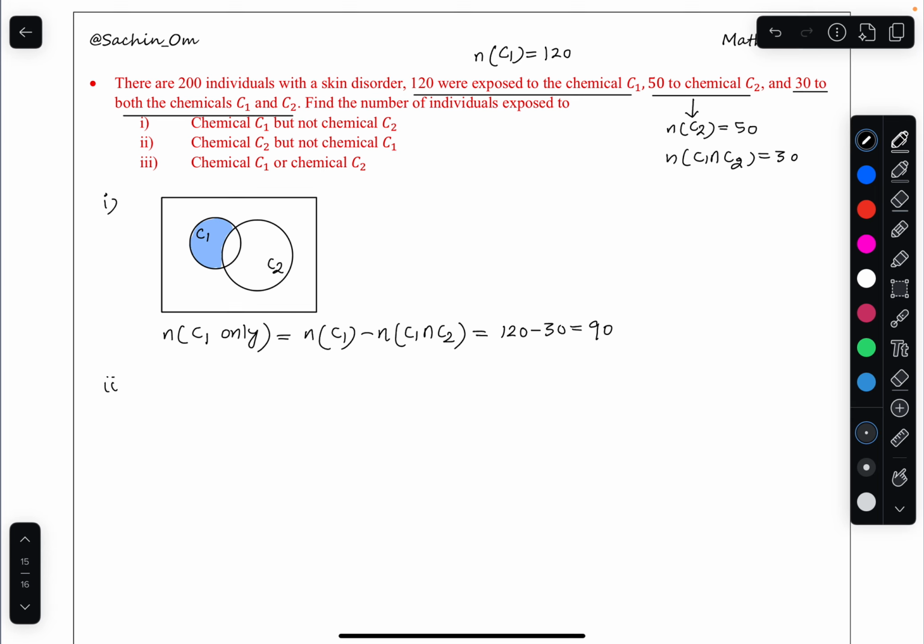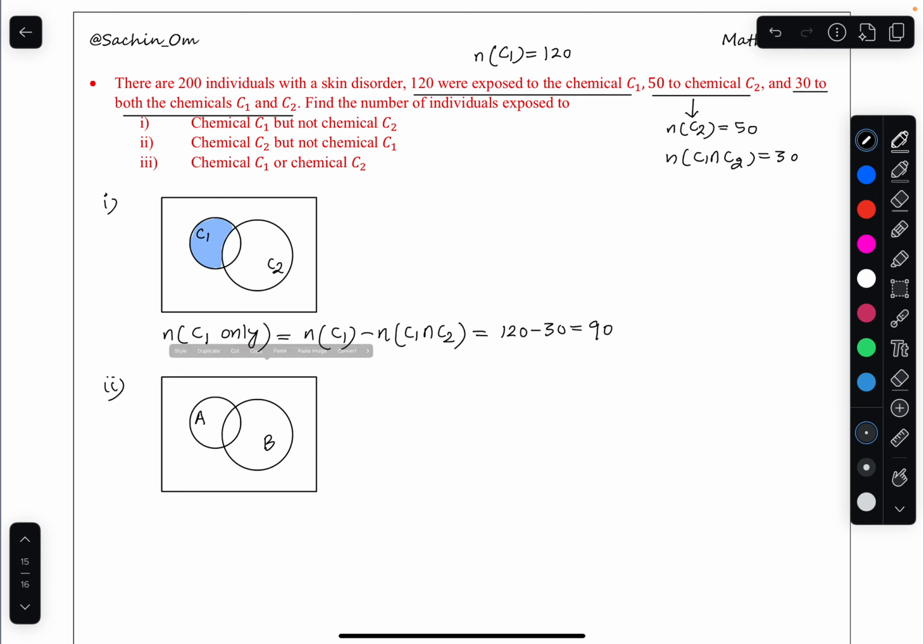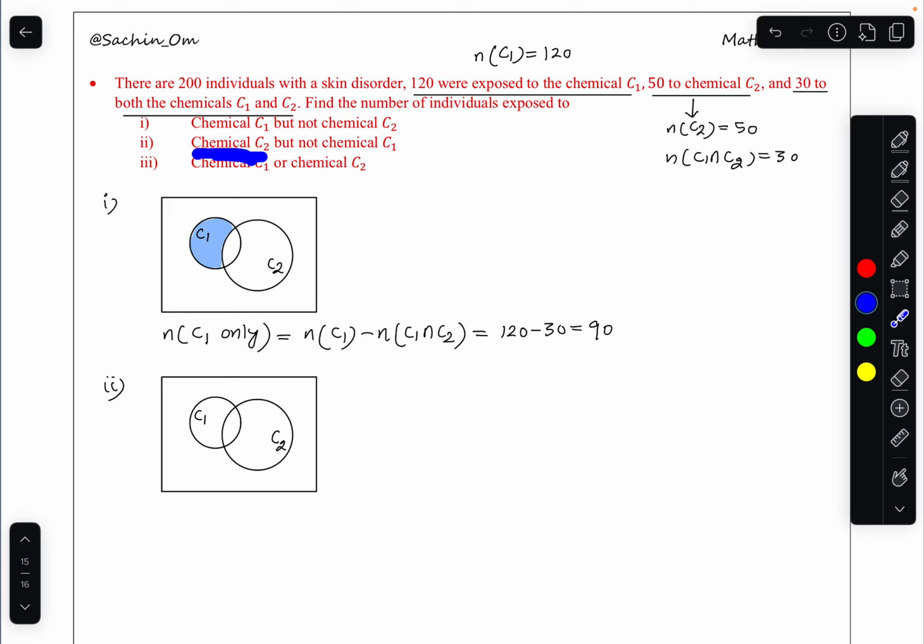Same thing I'll do for C2 also. I have been given two sets, C1 and C2. I want to find the number of those people who are exposed to chemical C2 alone this time. Find the number of people who are exposed to chemical C2 but not C1. So the shaded region in this case would be this other portion, the region of C2 alone.